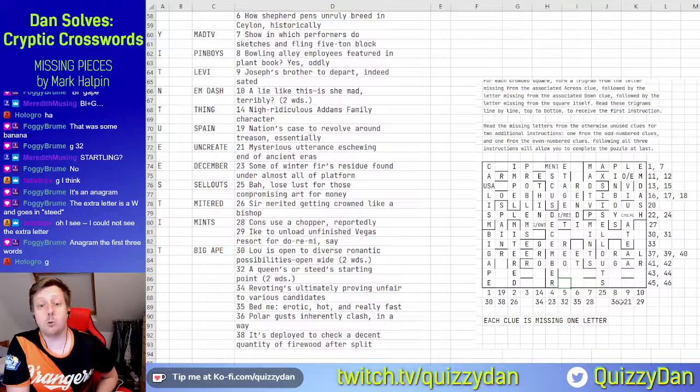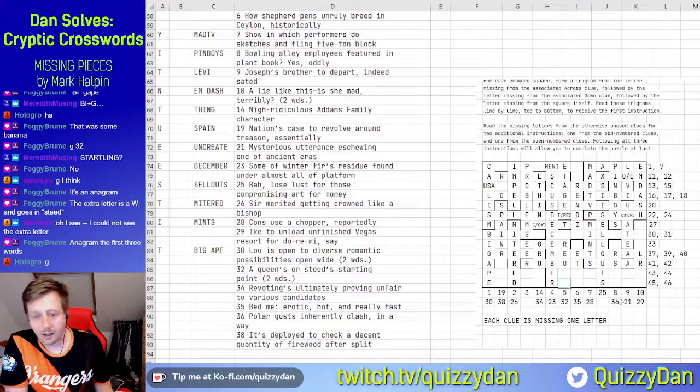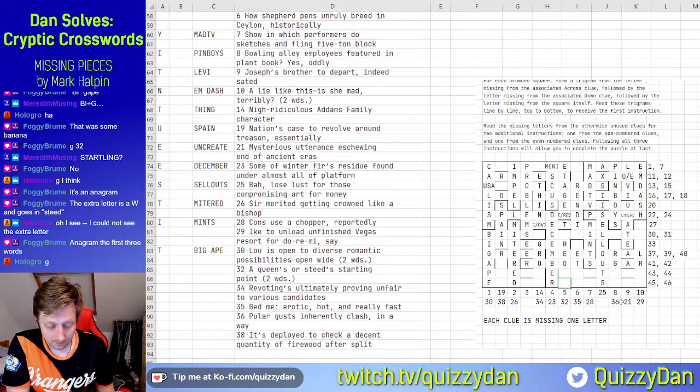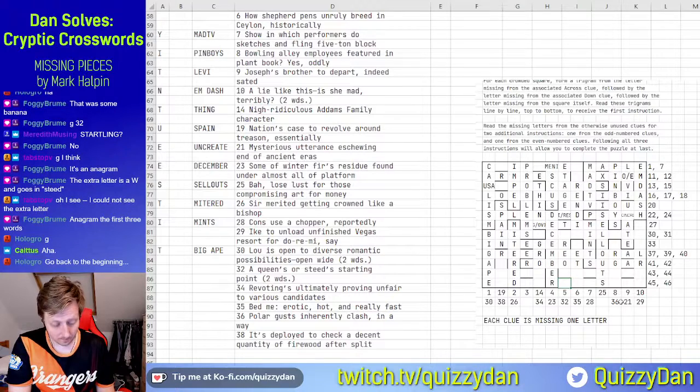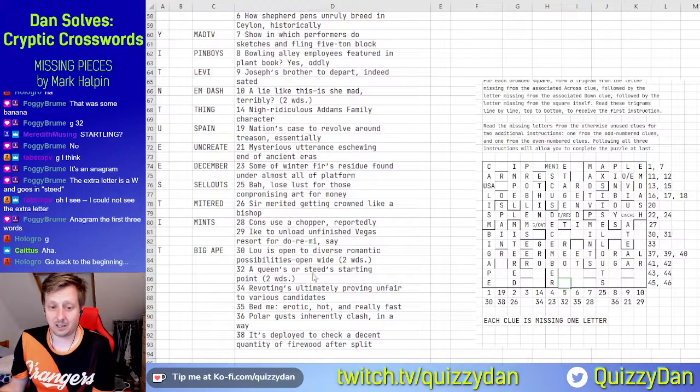So it's a queen's or stewed. Okay. A queen's, anagrammed, something square. Square 1. There we go. Thank you. Square 1. And so that's a W in steed for stewed.